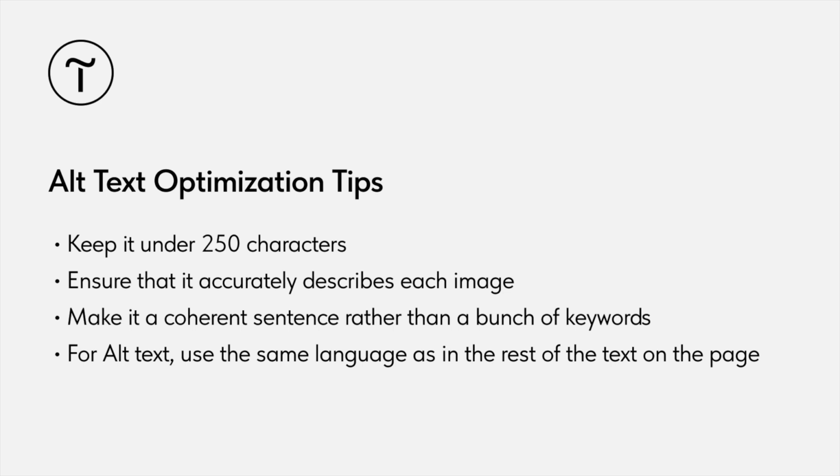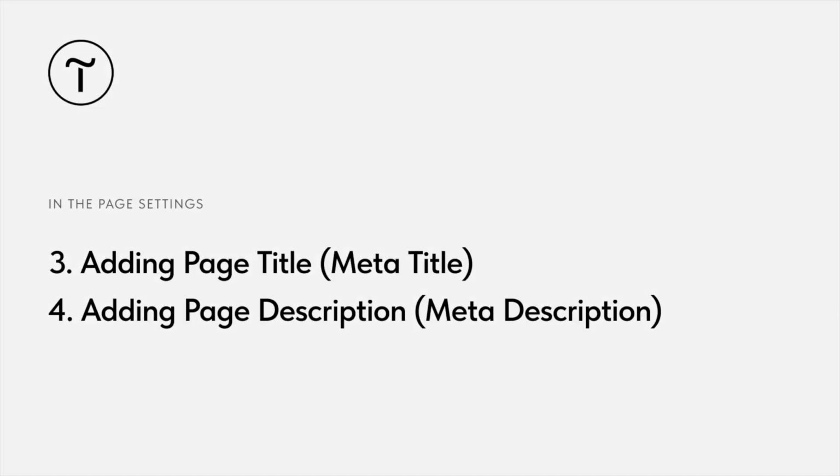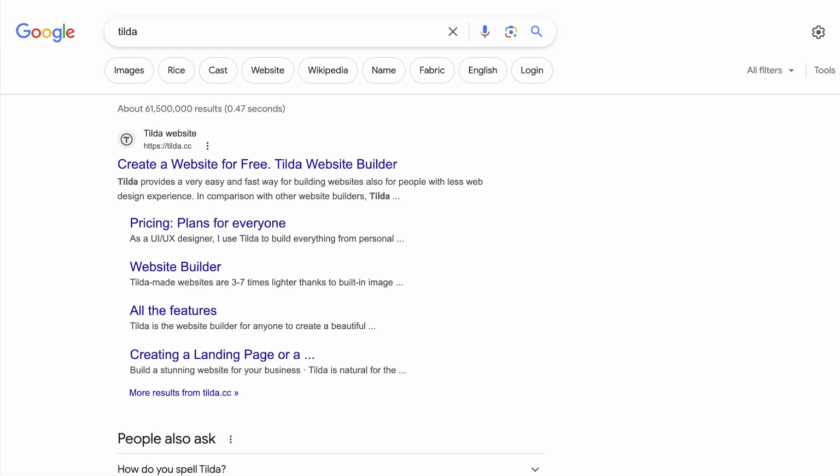Right. Let's move on from the page editor to the page settings now. Once you are in the page settings, the very first settings to optimize here are the page title and page description, sometimes referred to as meta title and meta description. What are those exactly, and how can they help with SEO? Page title and description get displayed in search results, also known as SERP, and serve to help potential site visitors understand what your website is all about and convince them to visit it.